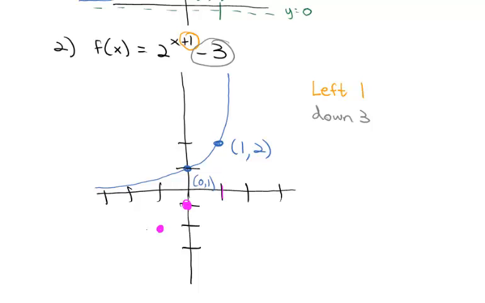And then, of course, the asymptote moves down 3 as well. And so we end up with this graph, which is the graph of 2 to the x plus 1 minus 3. So the pink graph is actually my solution. The blue graph is the original graph.